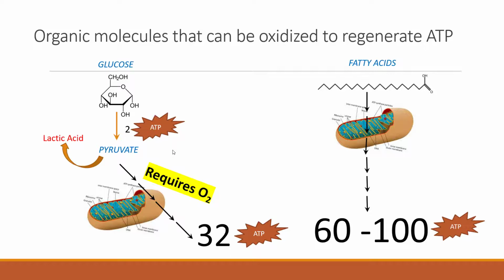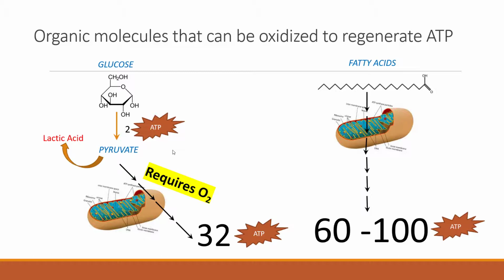If you've taken a nutrition class, you probably know that fats or lipids tend to have about 9 kilocalories per gram, whereas sugars only have 4 kilocalories of energy per gram. In other words, a gram of fat is twice as energetic as a gram of glucose.